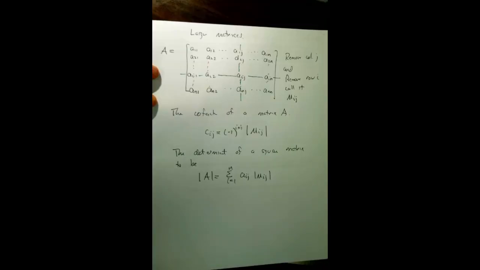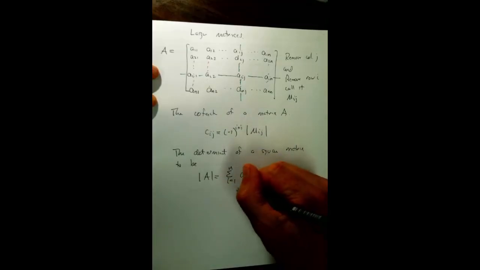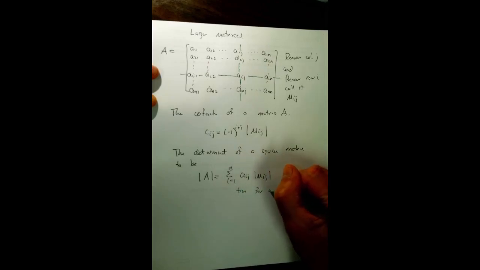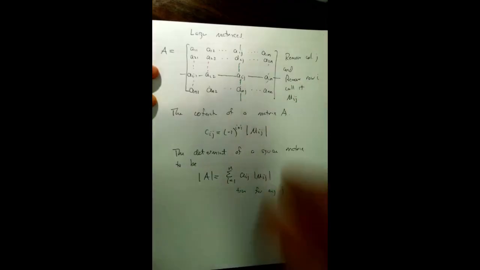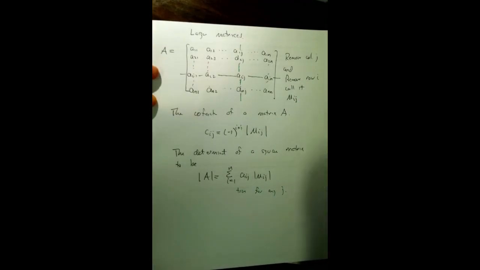And notice, it turns out I can pick any j that I want. Okay. So this is really confusing and really ugly notation, but when you see it in action, it's not so bad.